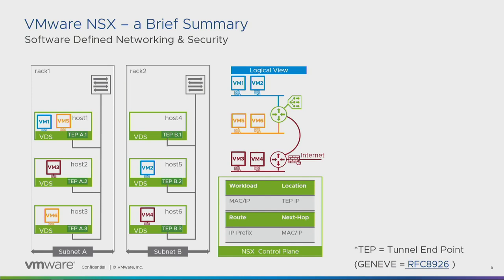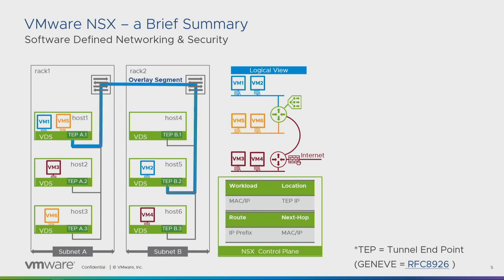Effectively, what we do with NSX is put so-called tunnel endpoints on every ESXi host, and we have a central control plane that takes care of finding out the MAC addresses and the IP addresses of every virtual machine and associating them with the host that they're on. If you ask the control plane where a VM is, because you want to communicate with it, the control plane will answer with the tunnel endpoint IP address, which allows the ESXi host to build a tunnel from the ingress host to the egress host.